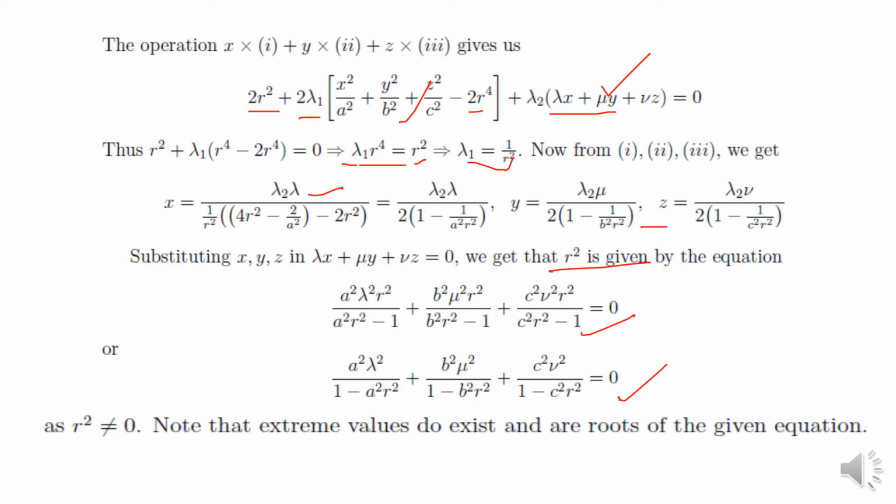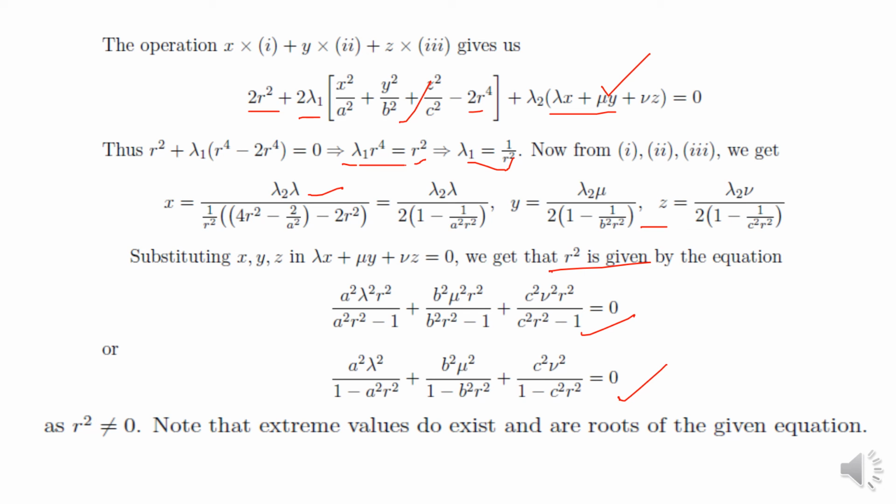When we write the coefficient of dy as 0, we get y plus y upon b square lambda 1 plus mu lambda 2 is equal to 0. When we put the dz coefficient as 0, we get z plus z upon c square lambda 1 plus nu lambda 2 is equal to 0. Now we multiply these three equations, which we got after putting the coefficient of dx, coefficient of dy, coefficient of dz equal to 0, by x, y, z respectively and add.